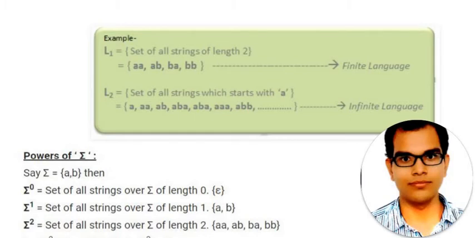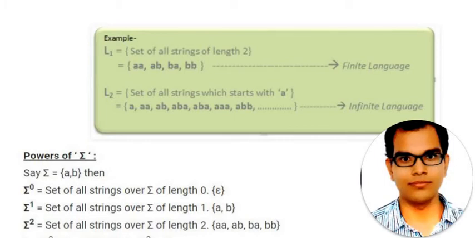Now we are talking about the second language. The second is the set of all strings which start with A. Suppose we are already aware that the alphabet sigma is a comma b. Here we have to make the set of all strings which start with a.